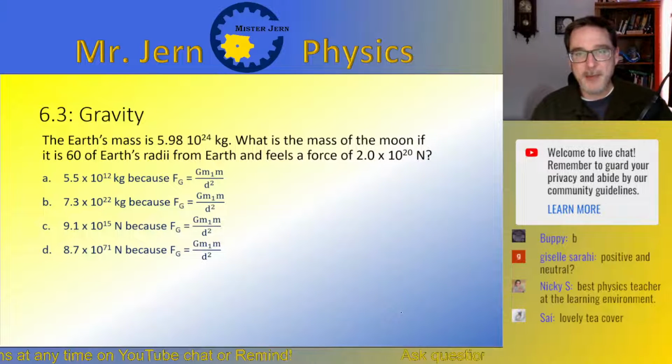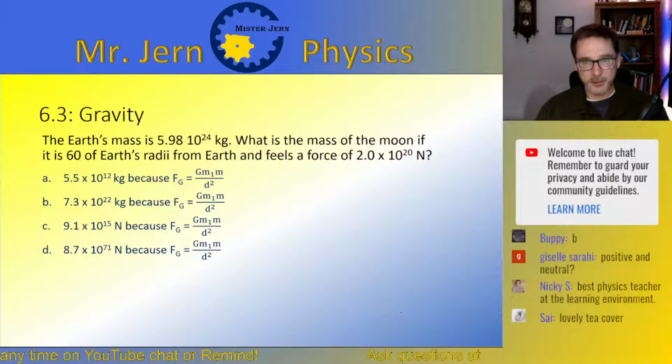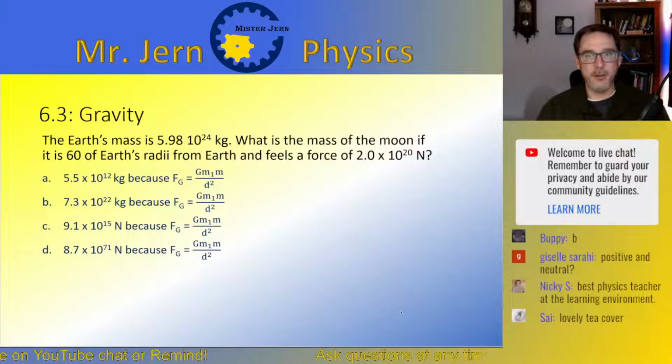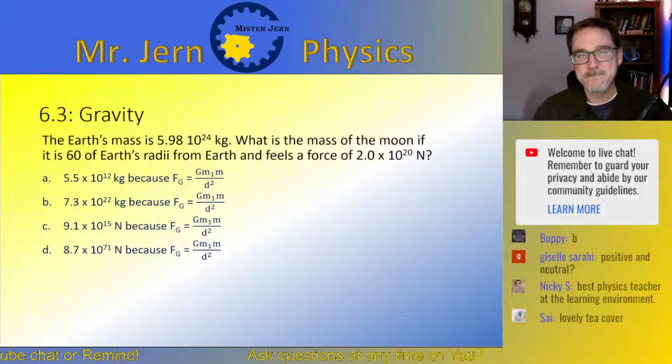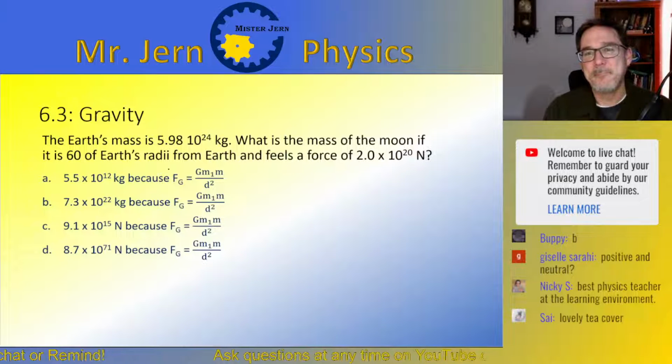Okay, the Earth's mass is 5.98 times 10 to the 24 kilograms. What is the mass of the moon if it is 60 of Earth's radii from the Earth and it feels a force of 2.0 times 10 to the 20th newtons? All right, hang on.